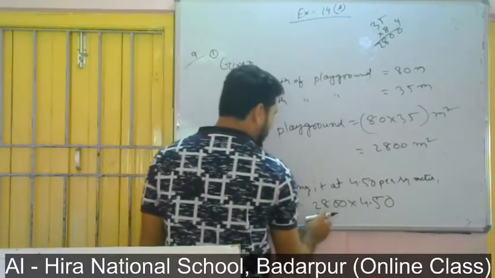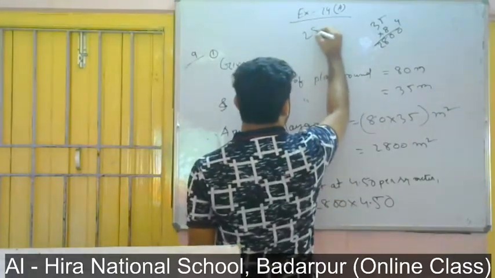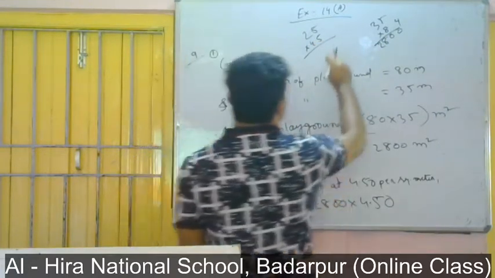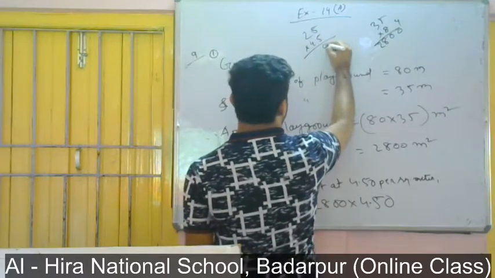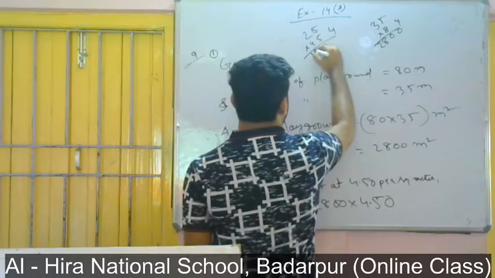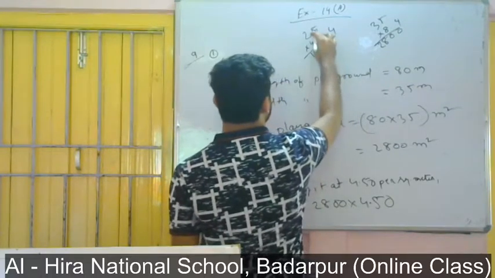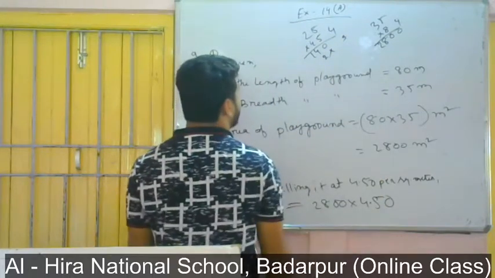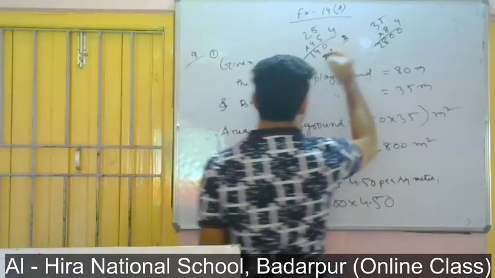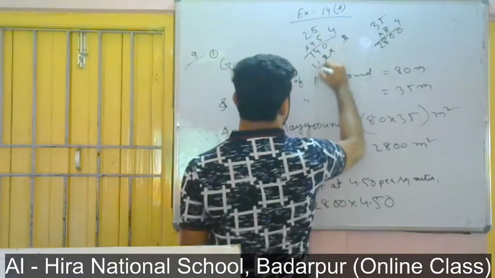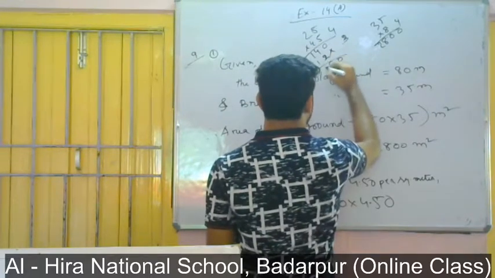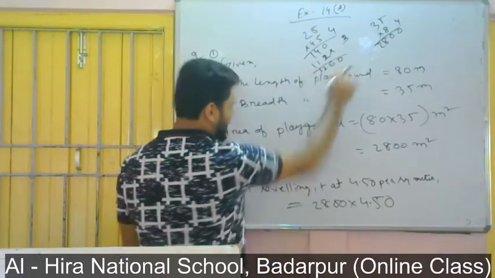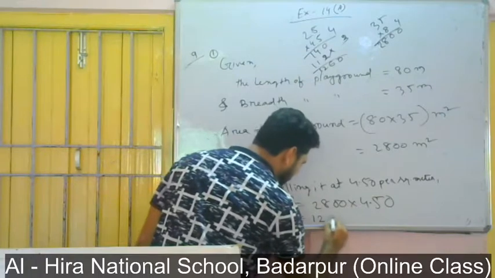So multiply 28 and 45. 5 eights are 40, carry 4, 5 twos are 10, and 14. 4 eights are 32, 4 twos are 8, 9, 10, 11. So we get 1260.